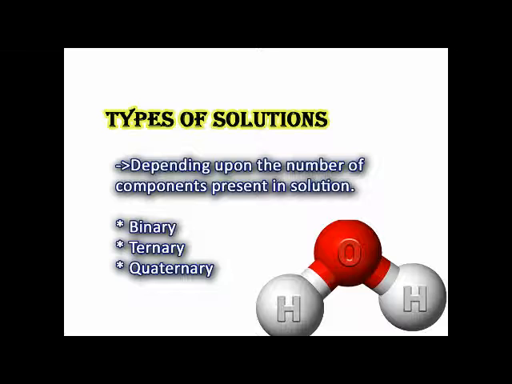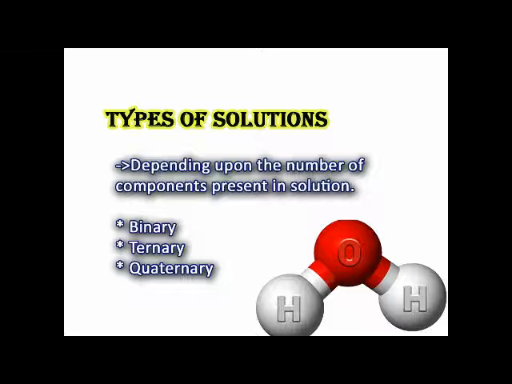When we see about binary solution, bi means two. Yes, two components present means we can say that type of solution is binary. One solute and one solvent mixed together means we get a binary solution.